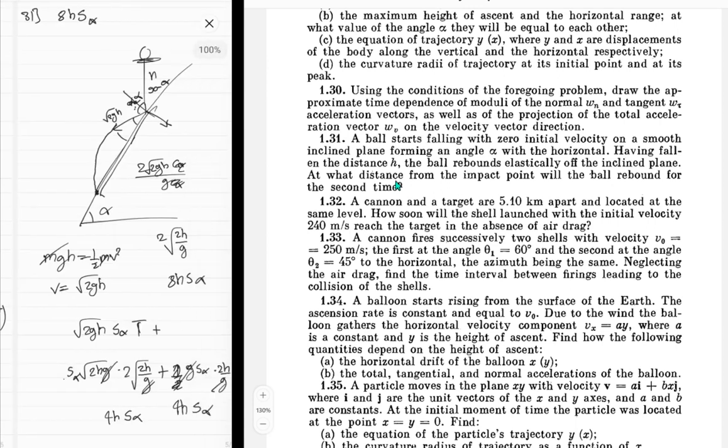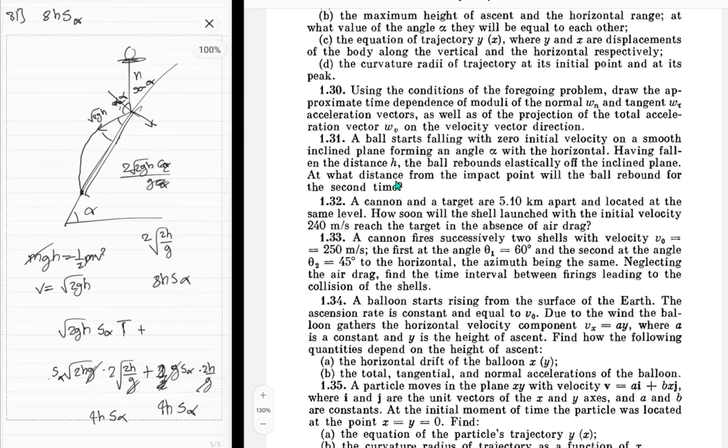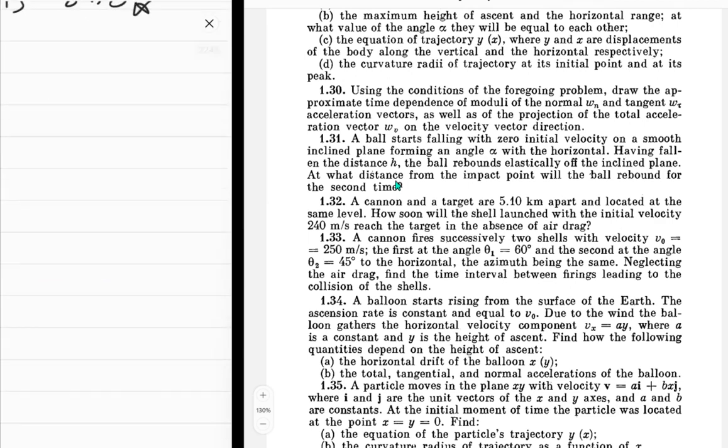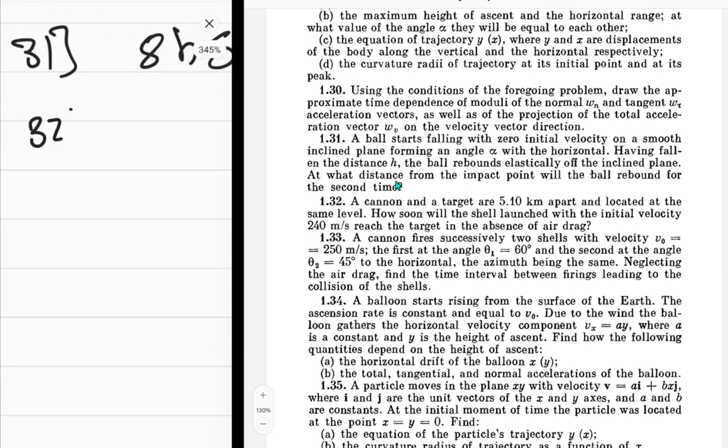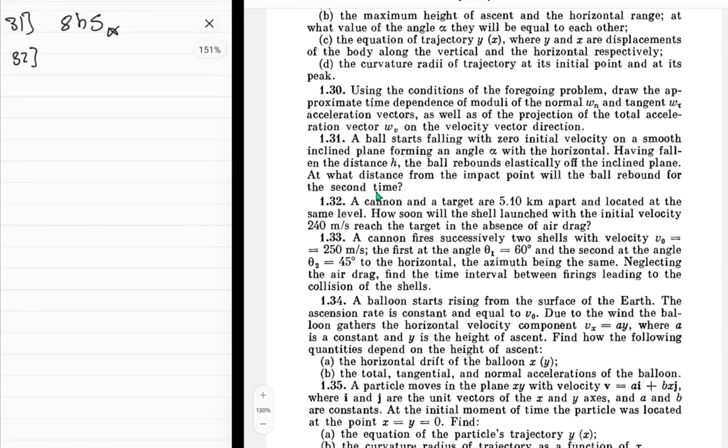Now this is the kind of question I wanted. 32. Okay. A cannon and a target are 5.1 kilometer apart and located at the same level.